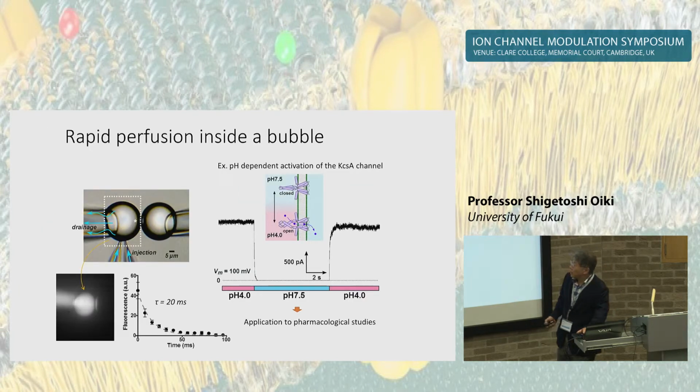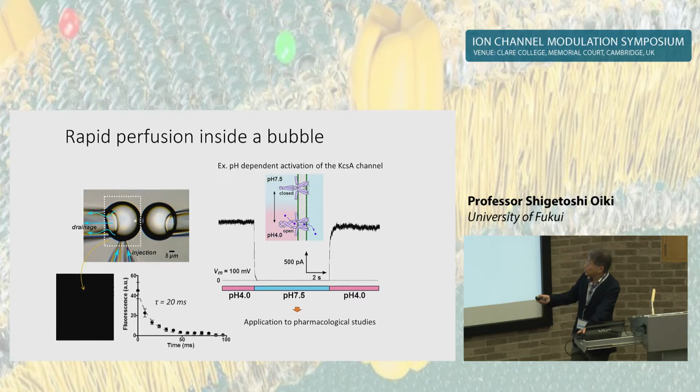Now we show the other benefit of the contact bubble bilayer method. We can change the solution rapidly by introducing the micropipette and injecting aqueous solution.